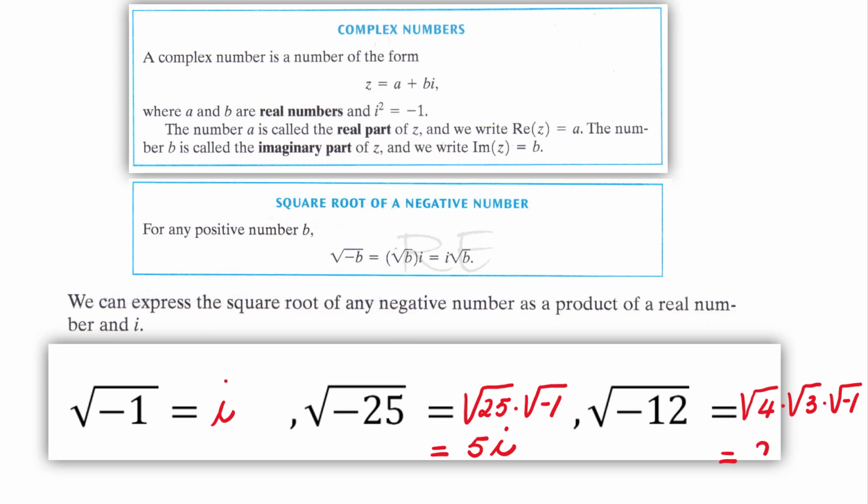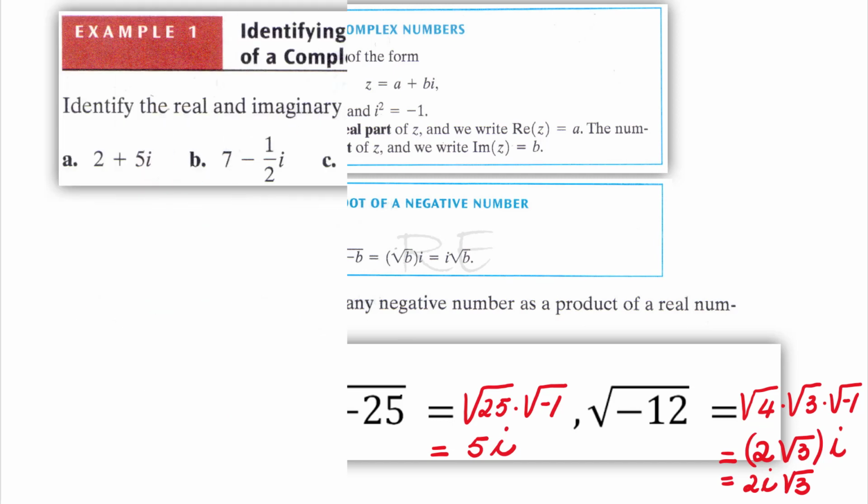Square root of 4 is 2. Square root of 3 is irrational, it stays square root of 3. And square root of -1 is i. The preferred notation is 2i square root of 3.